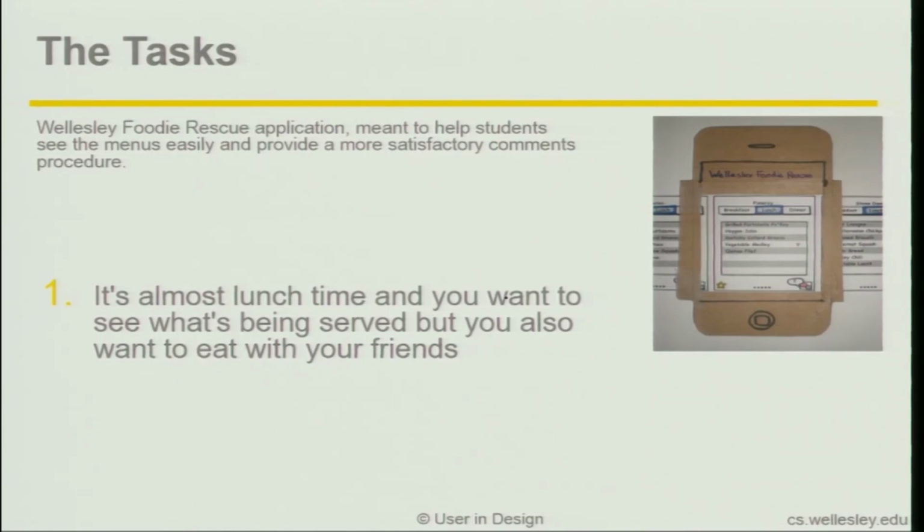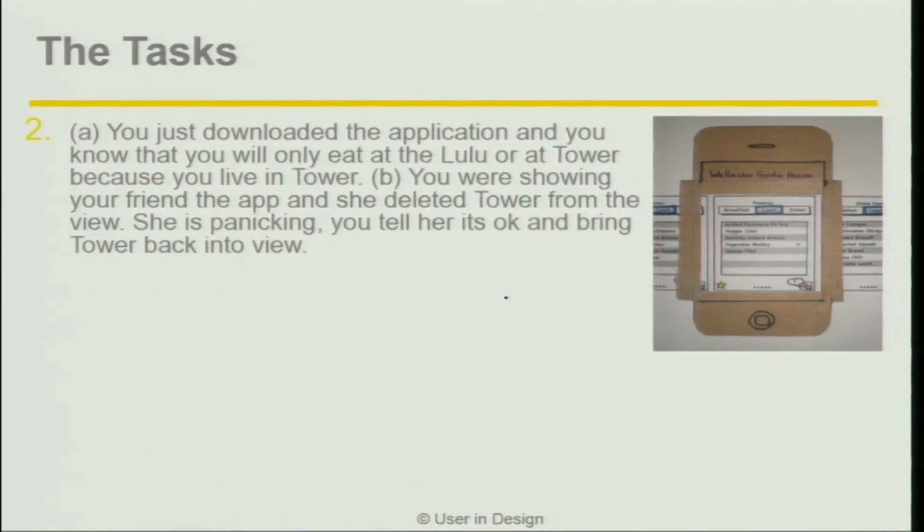So this is the first task you've given them. The second task is, you just downloaded the application and you know that you will only eat at the Lulu or at Tower, because you live in Tower. You were showing your friend the app and she deleted Tower from the view. She is panicking. You tell her it's okay and bring Tower back into view.